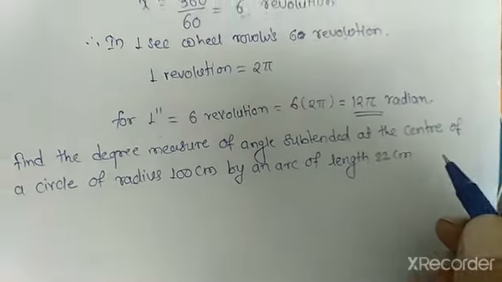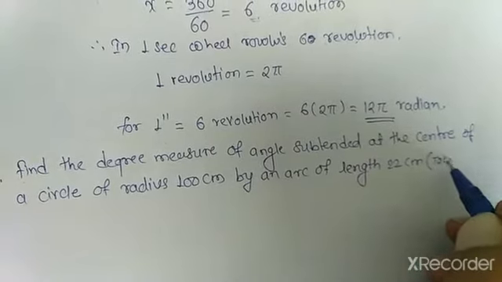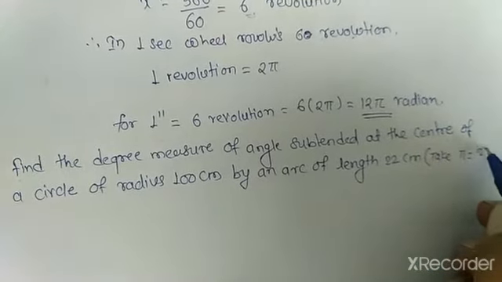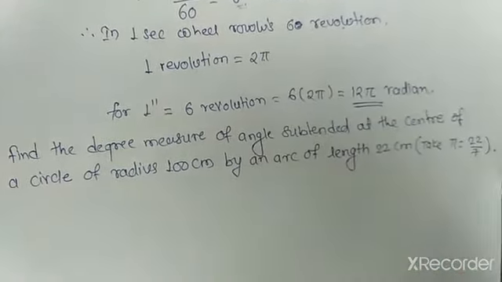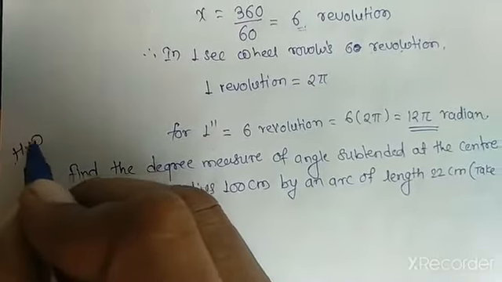Here take pi is equal to 22 upon 7. Okay, this is the question. It is your homework.